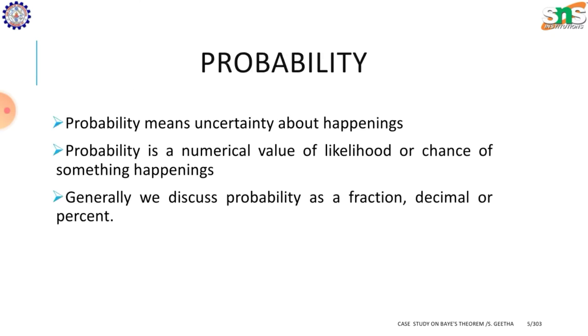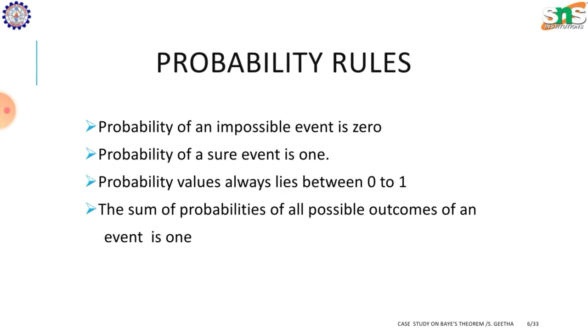Now, probability. Probability means uncertainty about happenings. Probability is a numerical value of the likelihood or chance of something happening. Generally, we discuss probability as a fraction, decimal, or a percent. Next, probability rules.